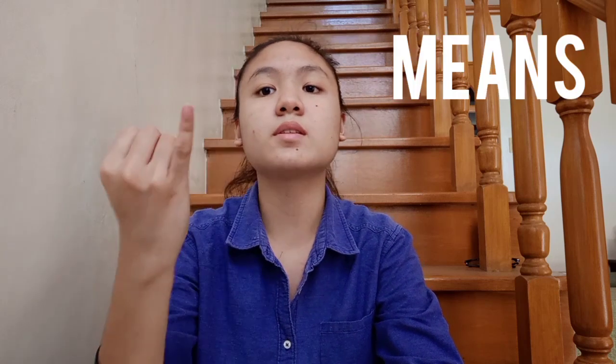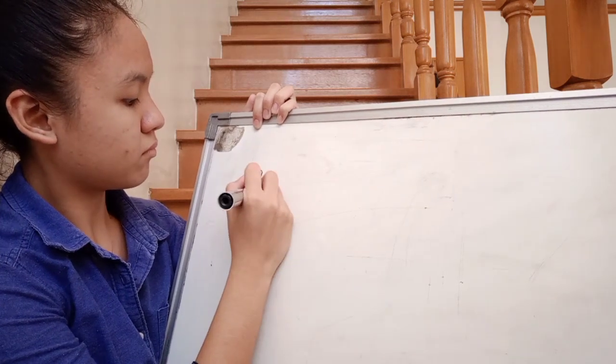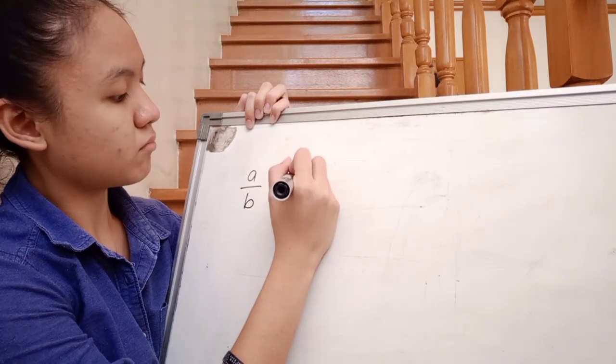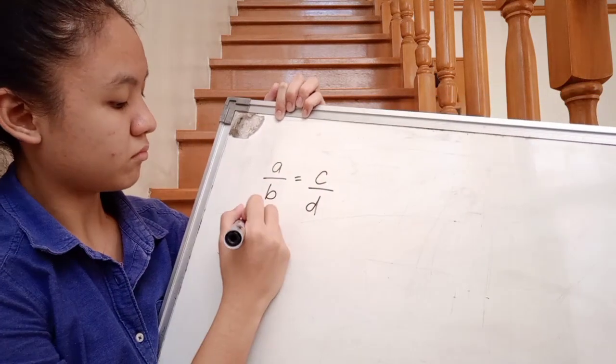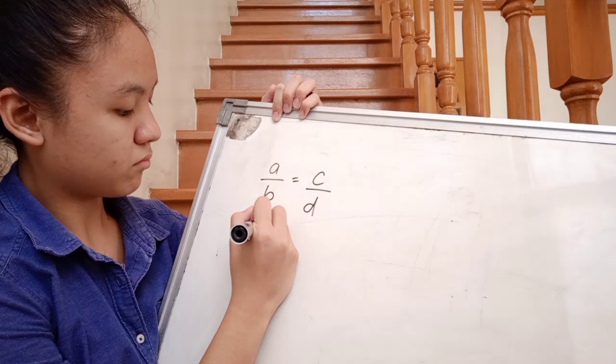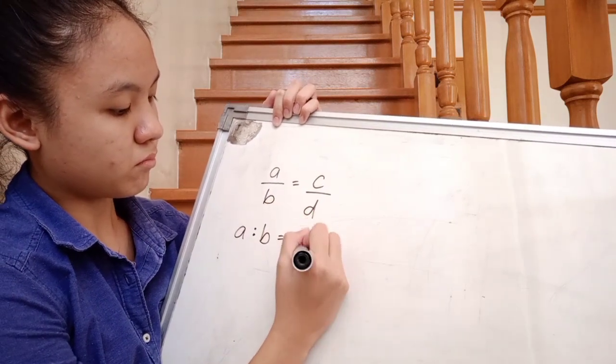For ratios, there are values that we call the means and the extremes. Here are the examples. A/B is equal to C/D in fraction. Then in ratios, it is A:B equals C:D.